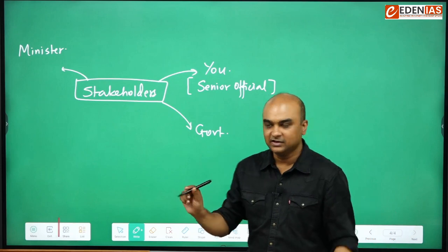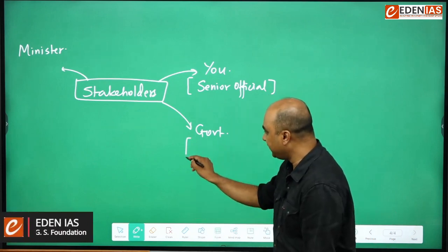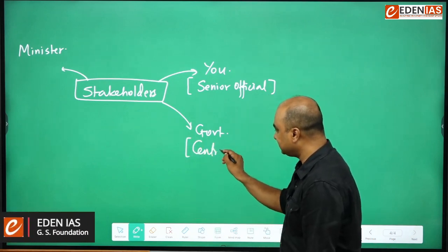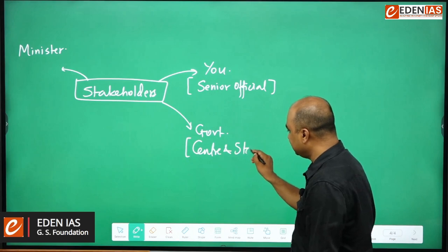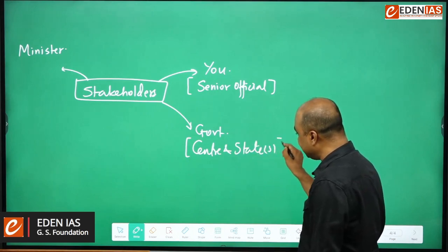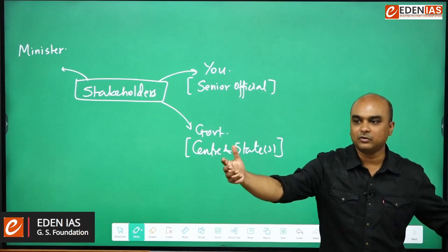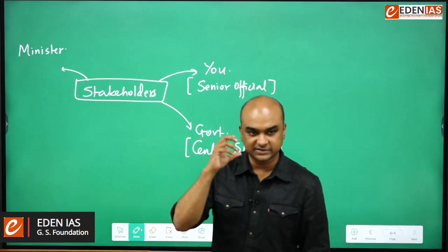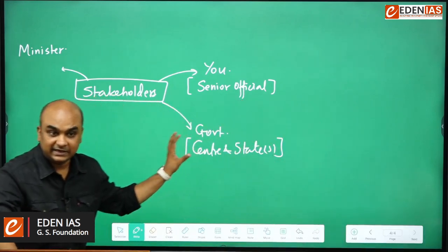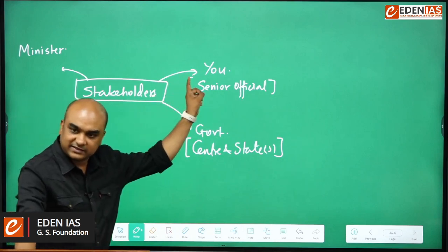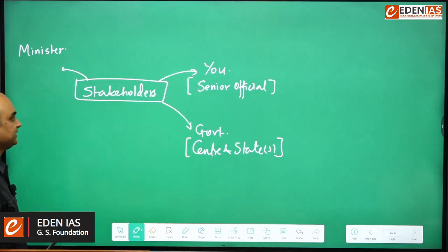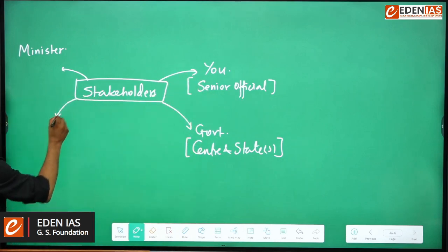So we can say government of center as well as the state or states, we don't know. That the forest cover could go beyond one state. So this is intelligent assumption that we are making on the basis of the facts of the case. Okay. Then obviously farmers.